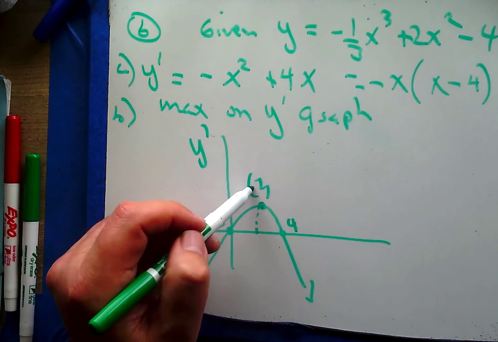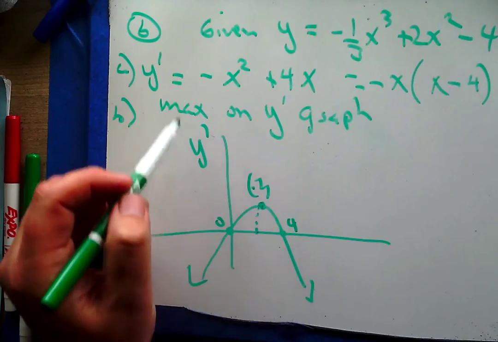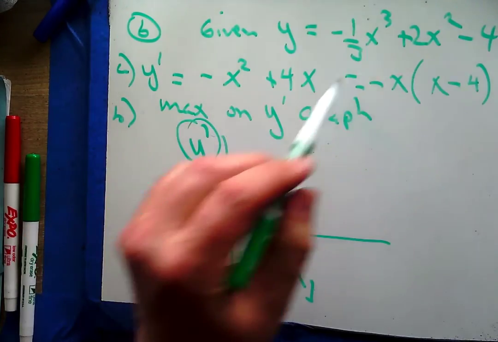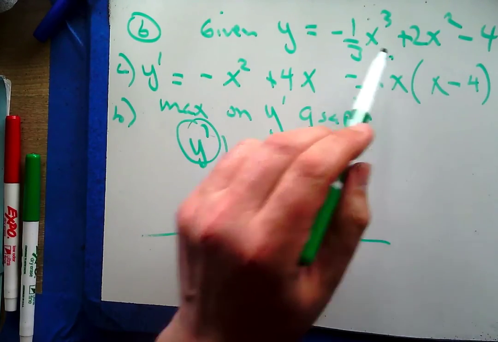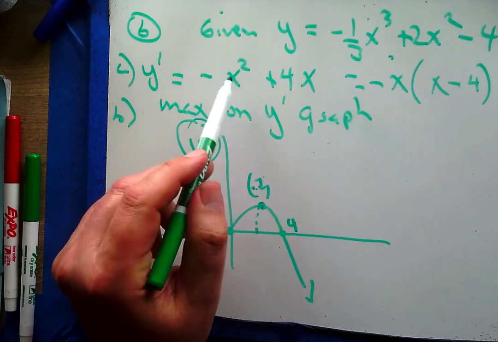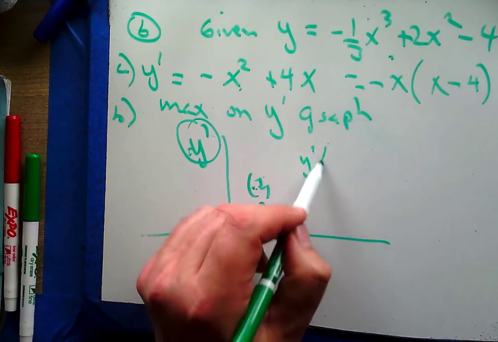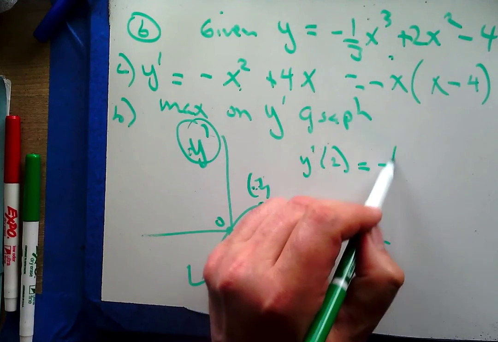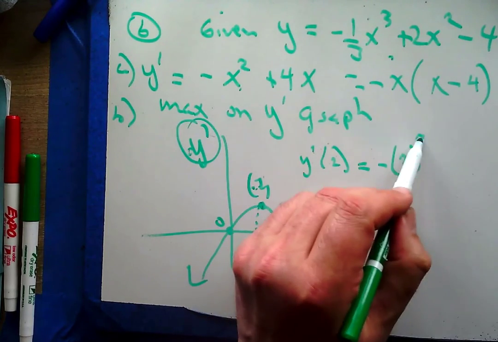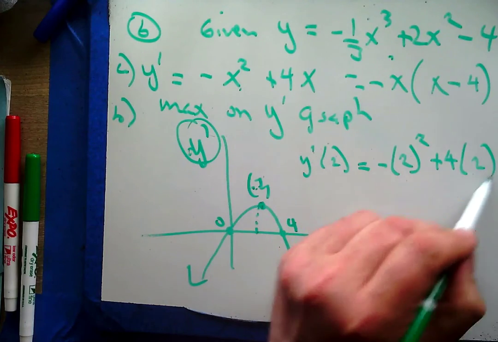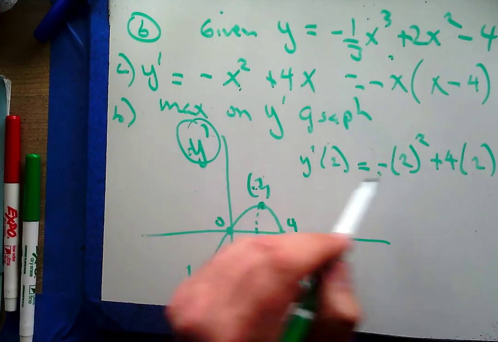Well, we found the x value to be 2, and now because this is a y prime graph, I don't plug the 2 into here. That would be position, right? I plug the 2 into y prime because I want to know a y prime value. So y prime of 2 equals -2 squared plus 4 times 2, so that's +4.